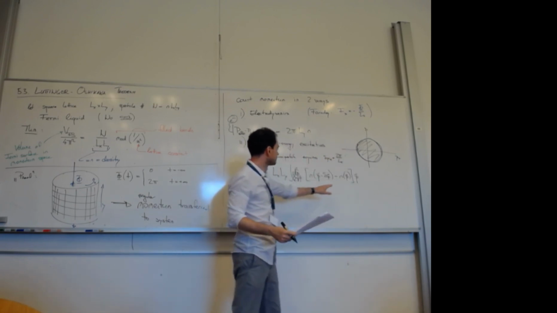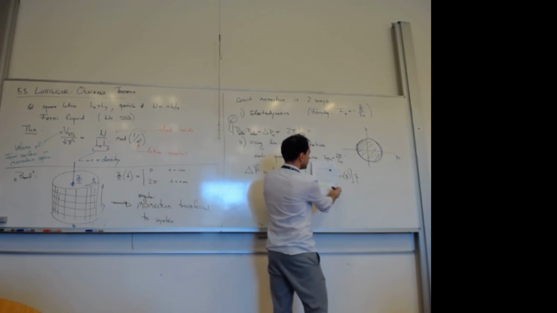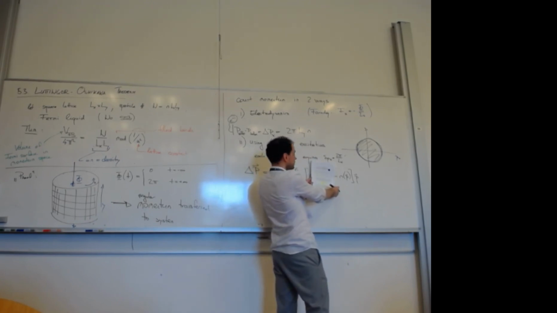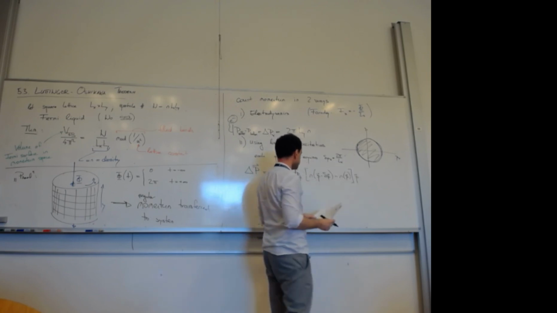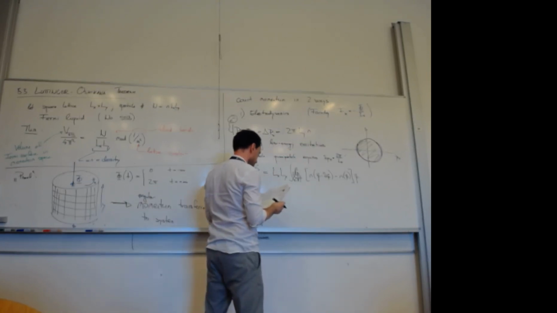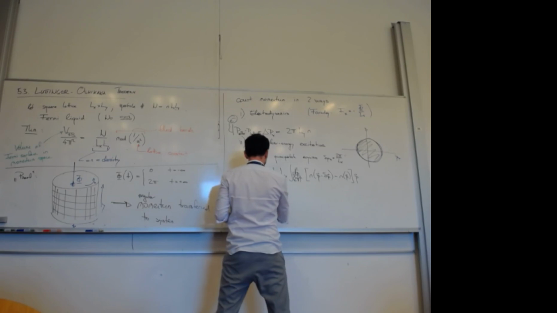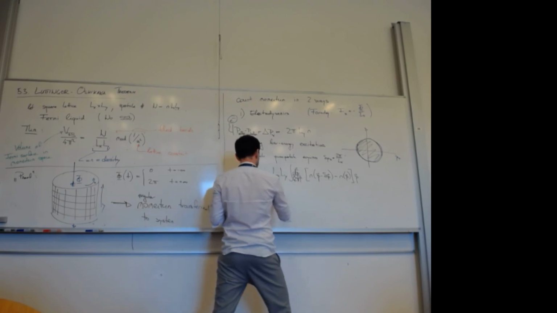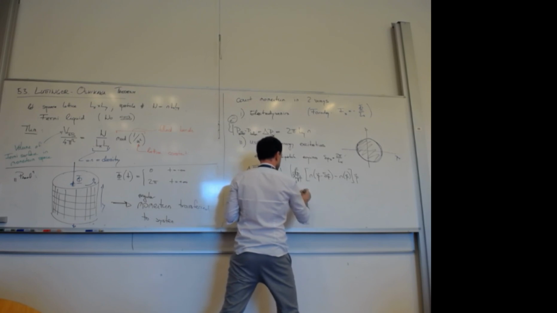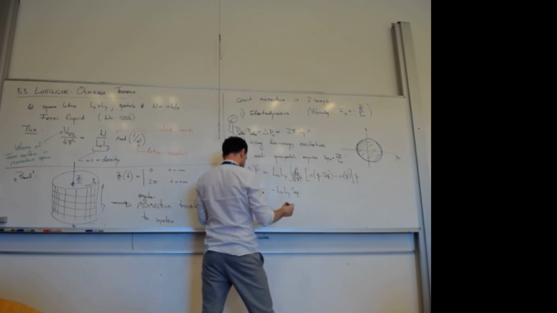So this is the total momentum of the electronic part of the system before, and this is the same thing after, where they acquire this delta p. I expand, in this case I think it's just delta x.